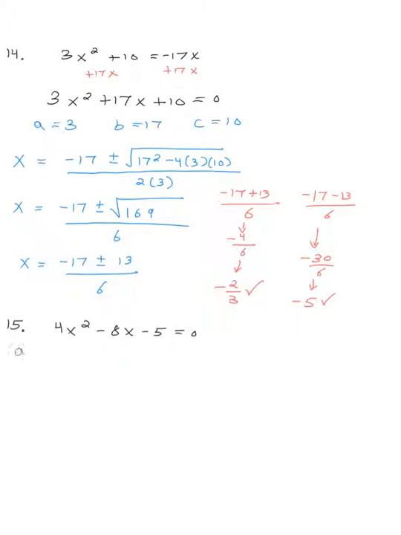In this equation, a is equal to 4, b is equal to negative 8, and c is equal to negative 5.